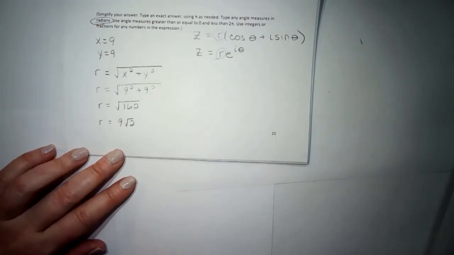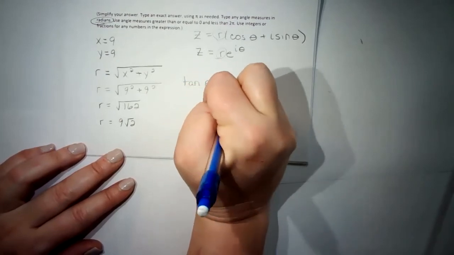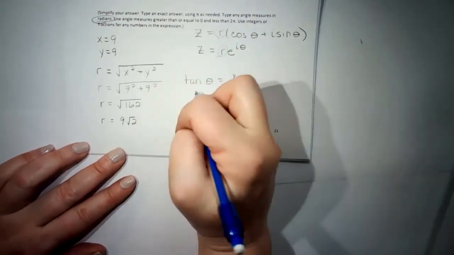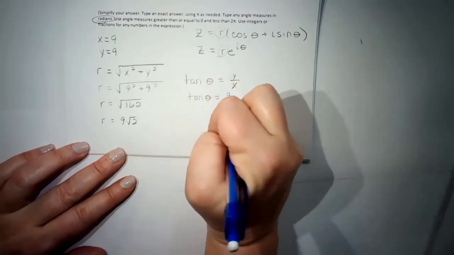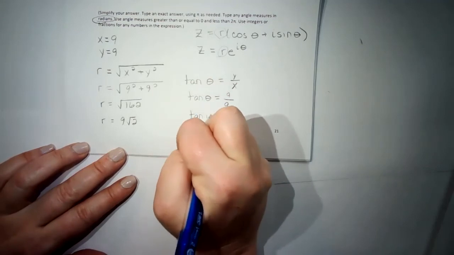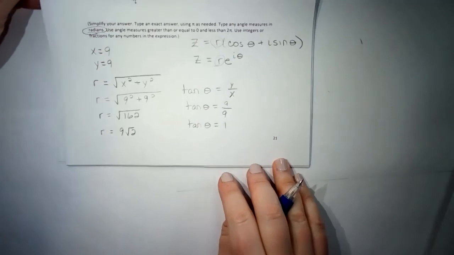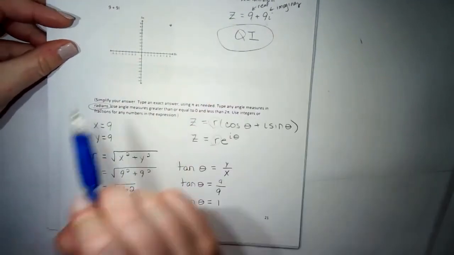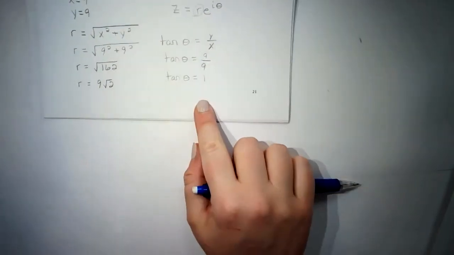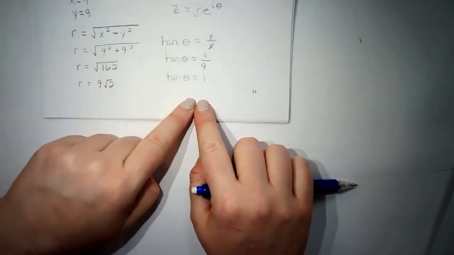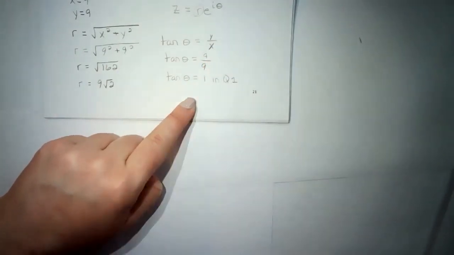All right, now I need a theta. Well, I know tan theta is y over x. My y is 9, my x is 9, so tan theta equals 1. Now remember, I had you tell me what quadrant this point was in for a reason, because I need to find the theta where tangent equals 1 in quadrant 1.